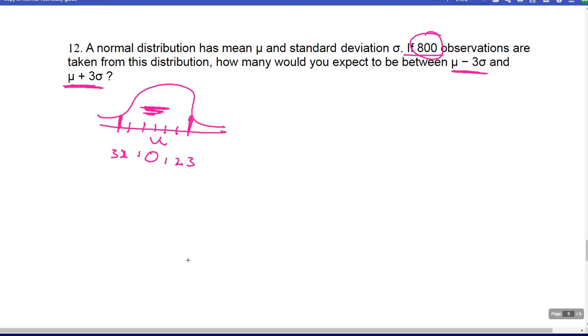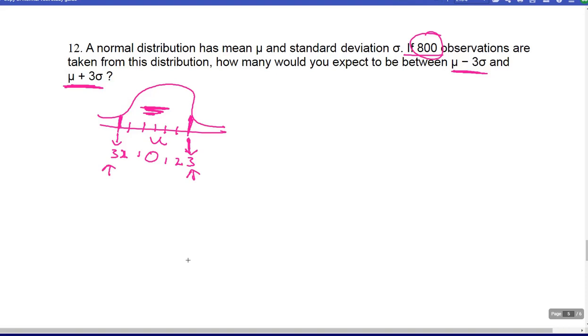This is lined up just like a z-score. What's the upper z-score? Mu plus 3. But what would it be if the standard deviation was 1? Would it be 3? And what would it be below? -3. So what basically is happening is that this is telling me what the z-scores are. What are the z-scores? 3 and -3.